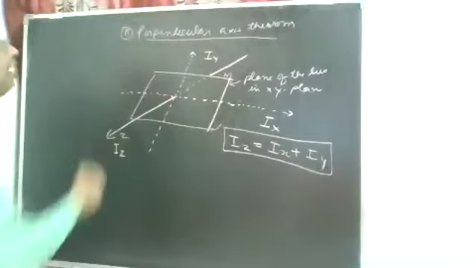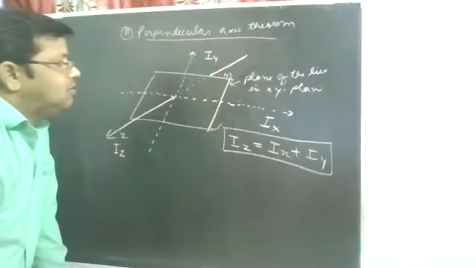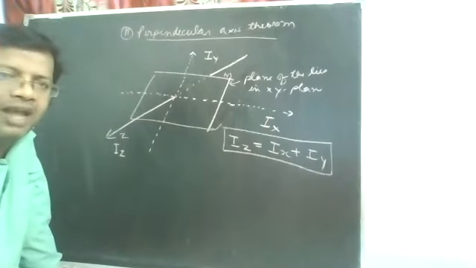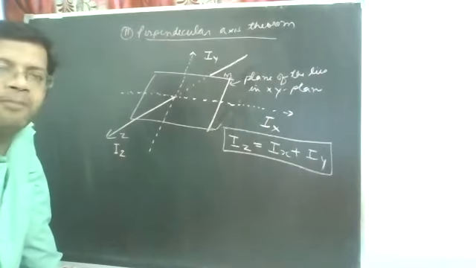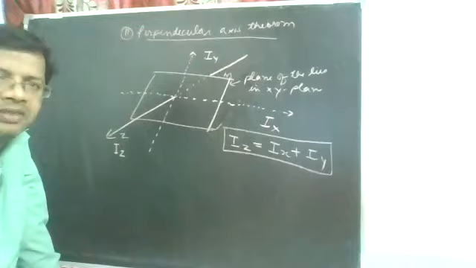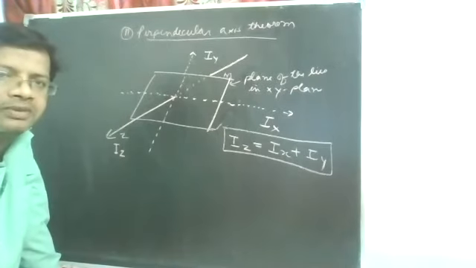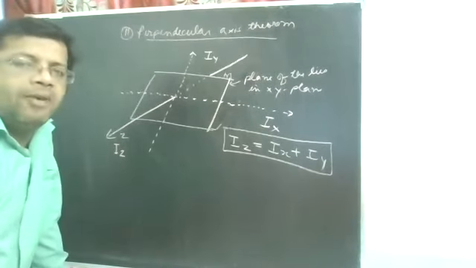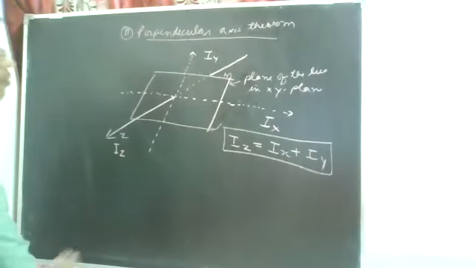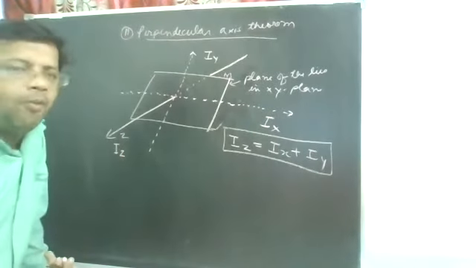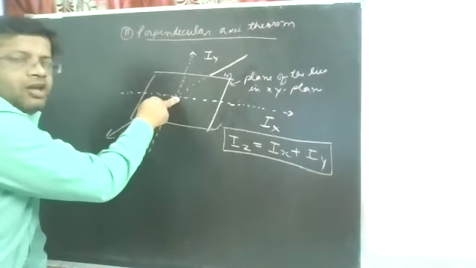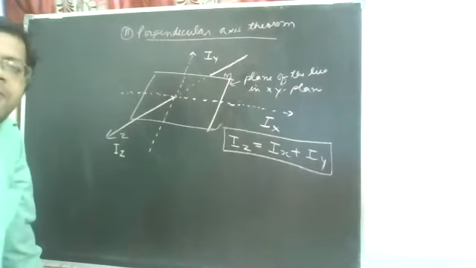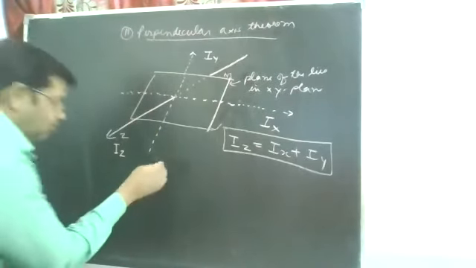According to the perpendicular axis theorem, if two axes x and y lie in the plane of the body, then the sum of moments of inertia about these two axes will equal the moment of inertia of the body about the axis which is perpendicular to the plane.